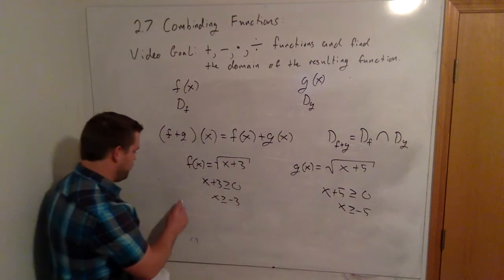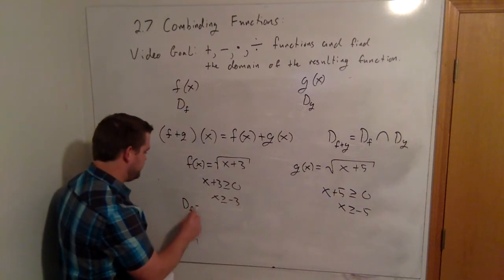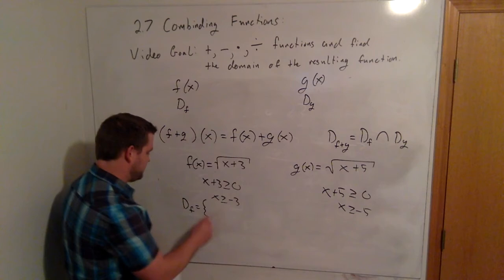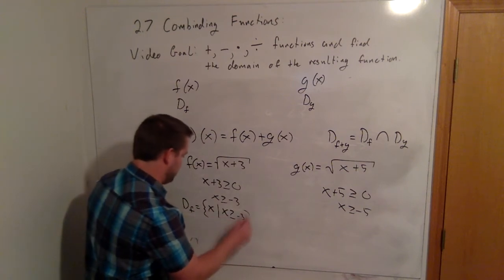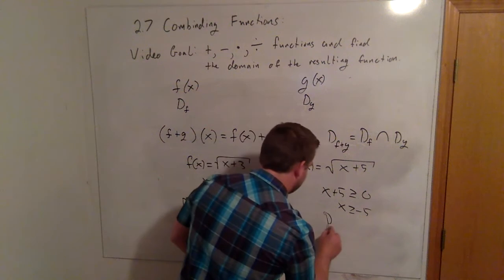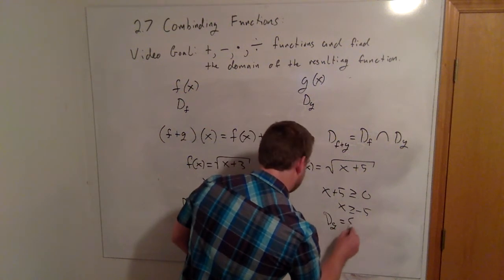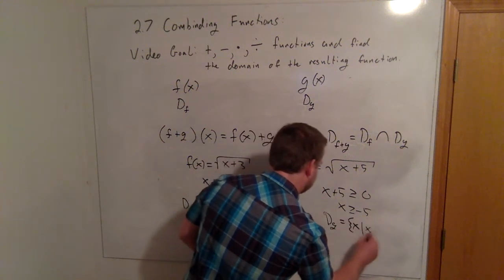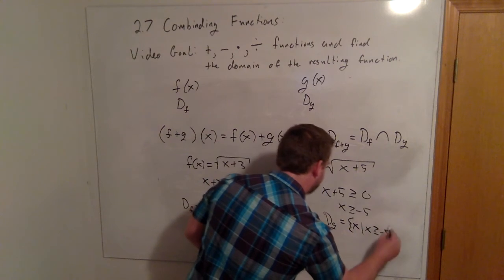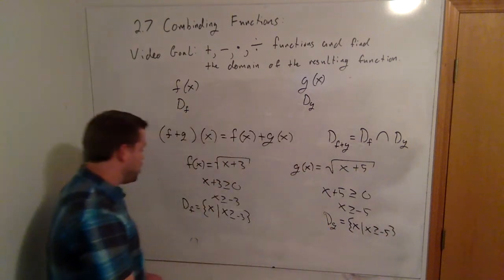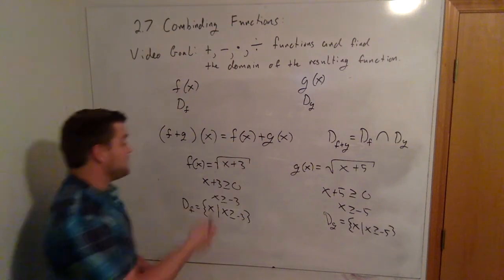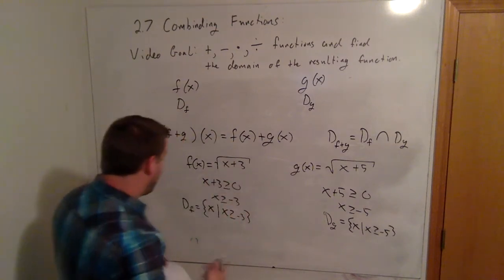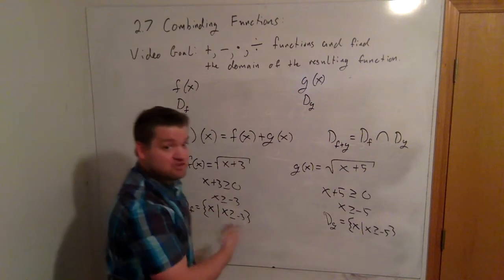So here, the domain of f is going to be all x such that x is greater than or equal to negative 3. And here, the domain of g is all x such that x is greater than or equal to negative 5. Now, I want to know what the domain of f plus g is, so I need to find the values of x that work for both of these. So I need to find the intersection of these two sets.